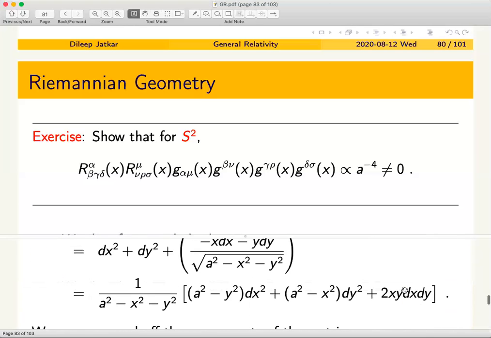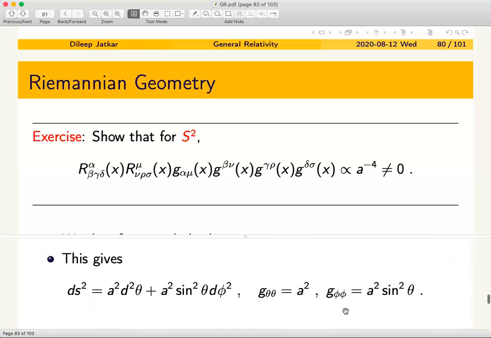But anyway, you need to do that, so you compute the Riemann-Christoffel connection. You don't have too many components because you are working in 2 dimensions. The Riemann-Christoffel connection has 3 indices, alpha, beta, gamma. So you have to allow alpha, beta, gamma, all of them to take values theta and phi. There are multiple terms, but nevertheless you should be able to compute.